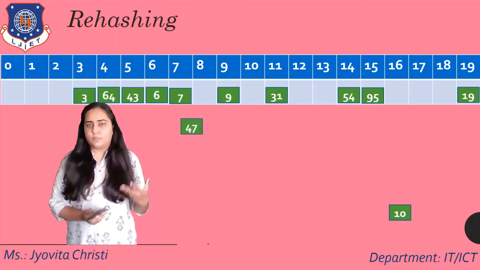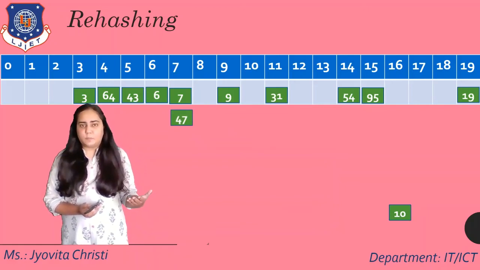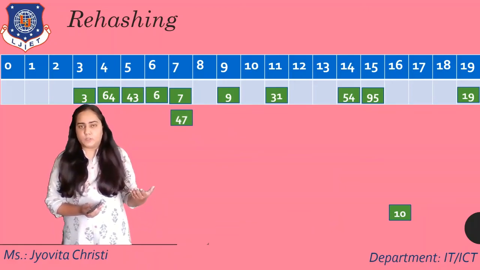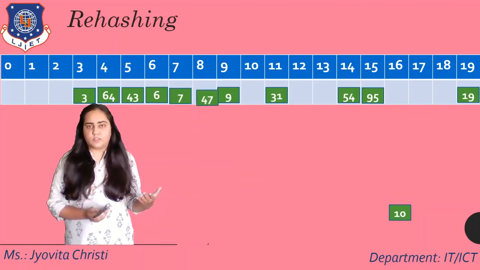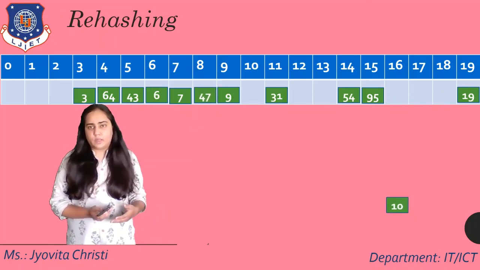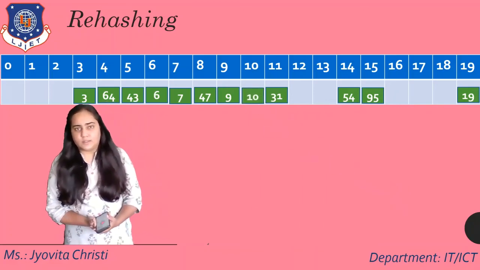These are all remainders when you divide these numbers by 20. So 47 cannot be stored in 7th position. That's why we are going to move to the next empty space, which is here. And finally, 10 gets stored in 10th position.